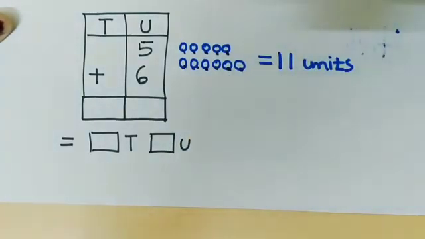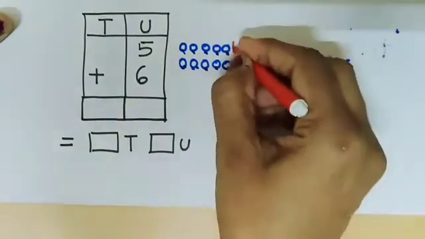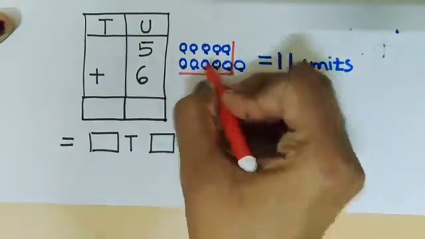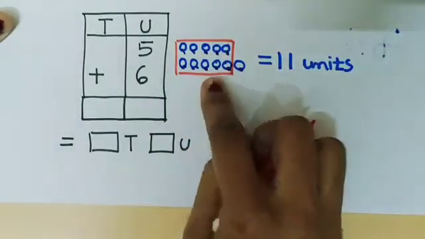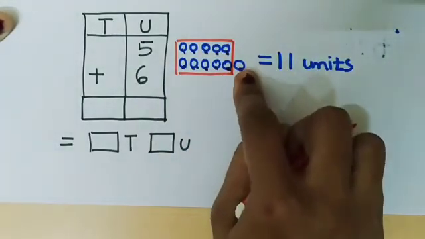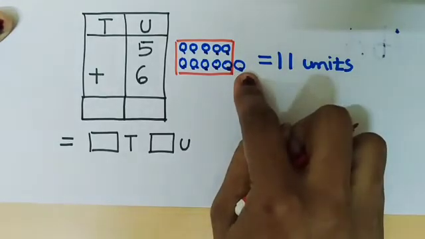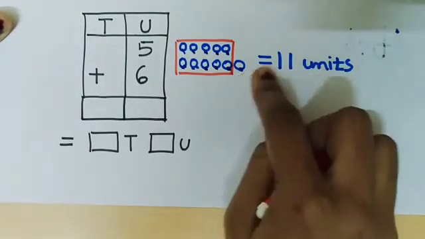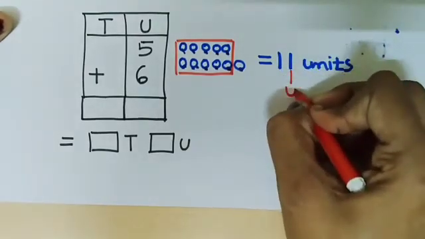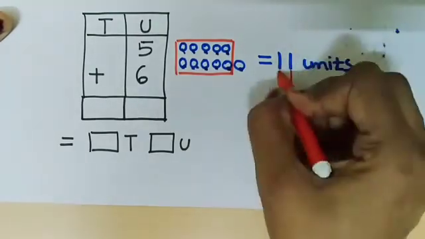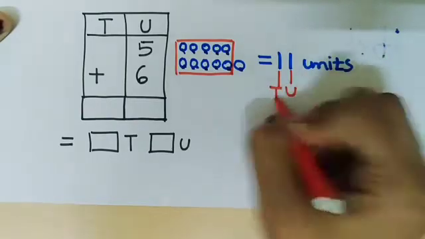So we have 10 beads. Those 10 beads become 1 ten, and the remaining 1 bead becomes a unit. So from 11 you will get 1 unit and 1 ten.